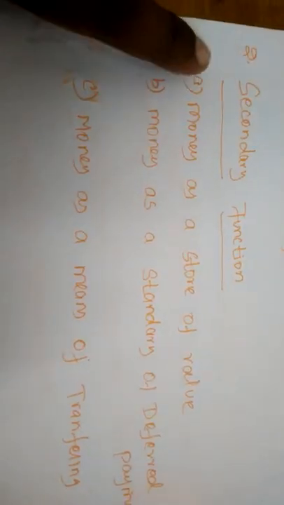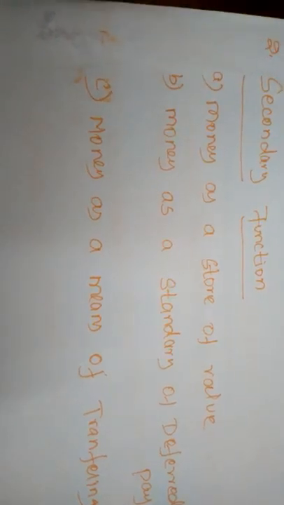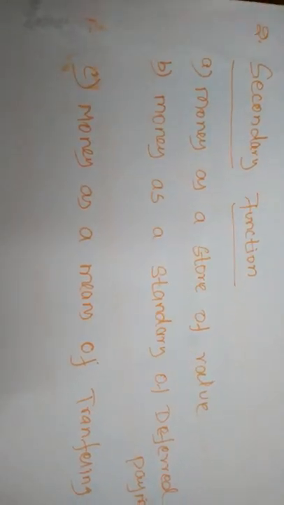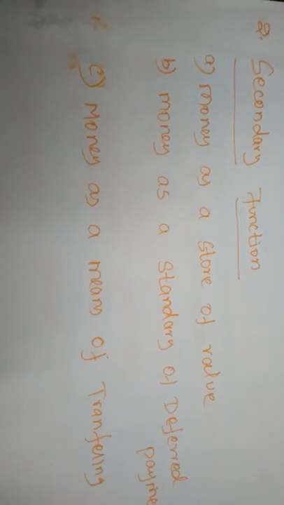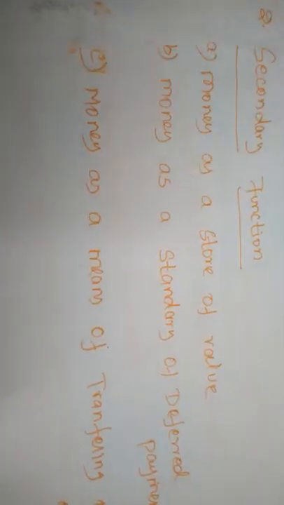Next, the secondary function. In the secondary function, money acts as a store of value. I told you about store of value, I remember. Now all people want to store the value of commodities. But if there is no money, how can we store the value of commodities?